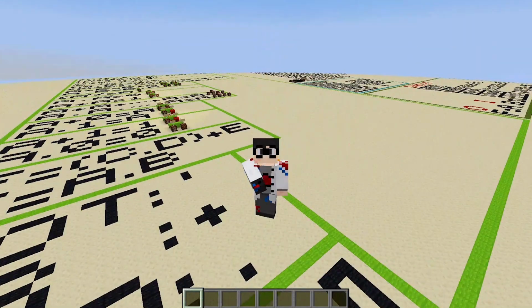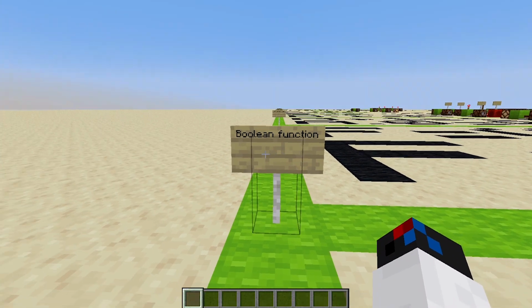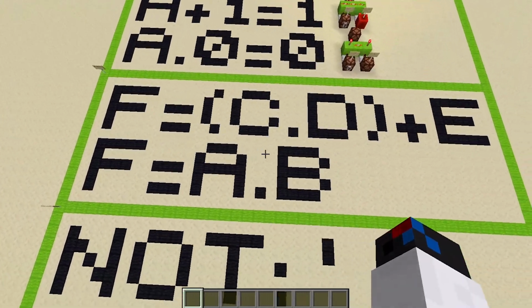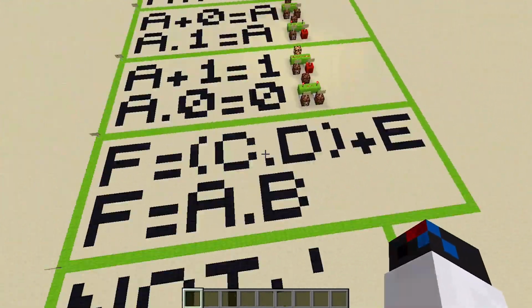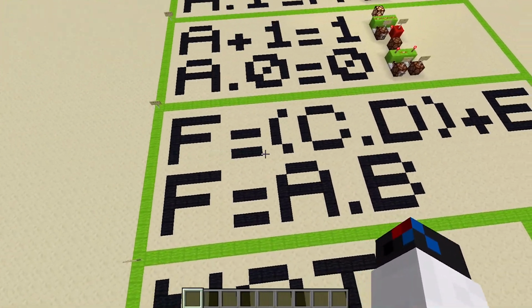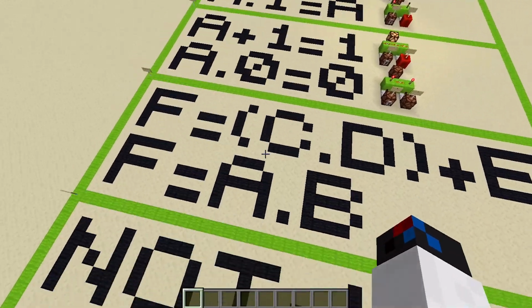And speaking about functions, let's talk about those as well. Okay, Boolean functions, what are they? Well, Boolean functions are basically a way for us to express outputs and inputs. The outputs are over here, and the inputs are a combination of Boolean variables.